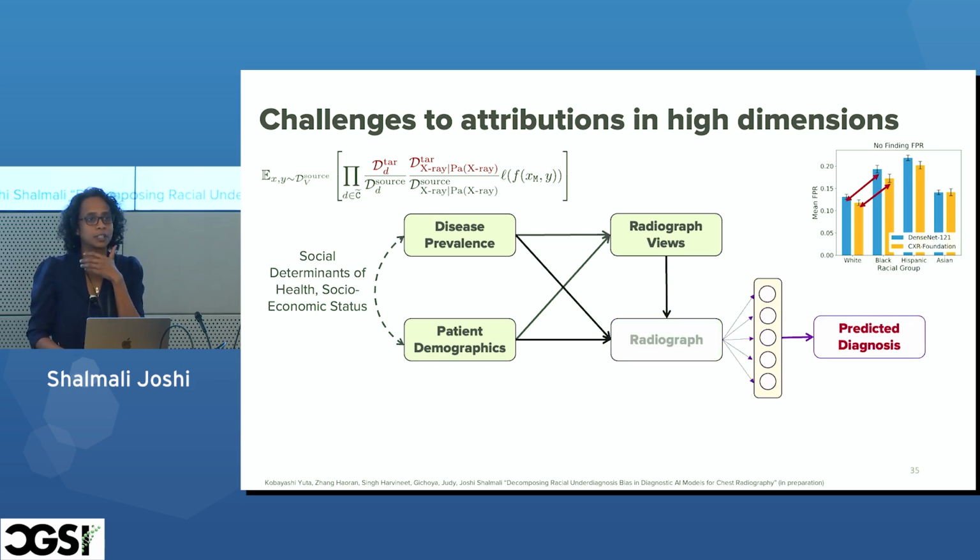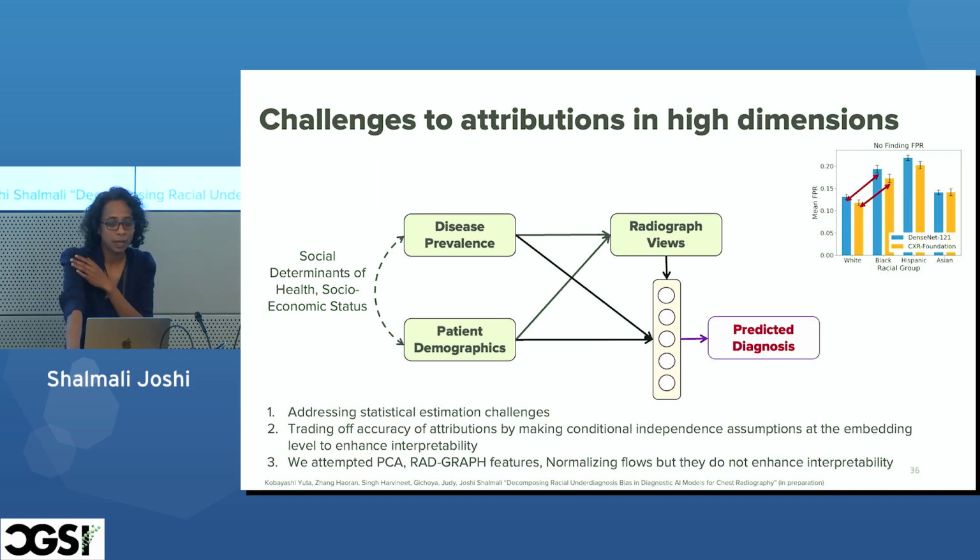So we're going to give up something to enhance the interpretability of what is even going on. What we're going to do is treat the embeddings from the chest radiograph deep learning model as the representation of these X-rays. You can call them lossy representations that are predictive of the diagnosis but don't necessarily capture everything of essence in the X-ray. And then we're going to treat them as essentially conditionally independent given the parents. In order to address these statistical challenges, we made multiple choices.